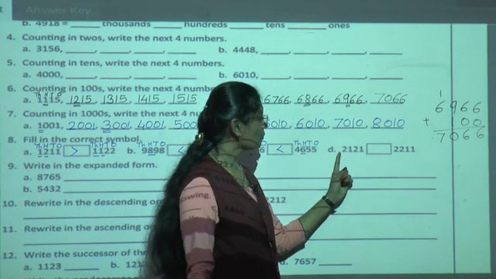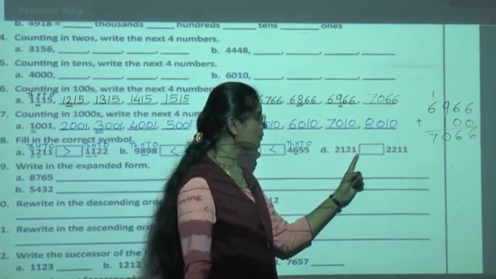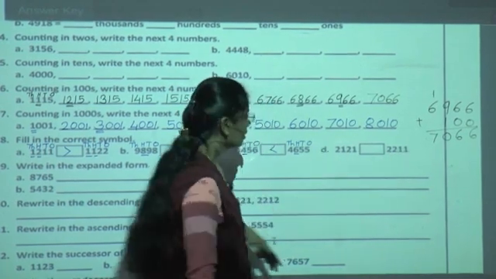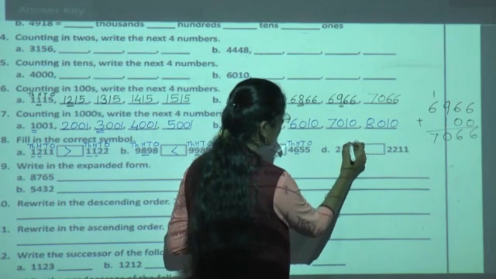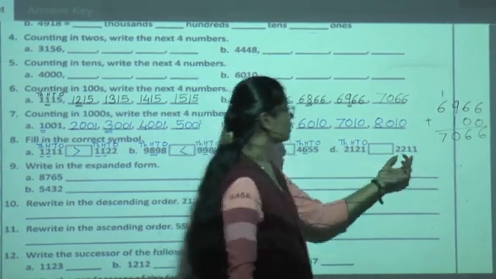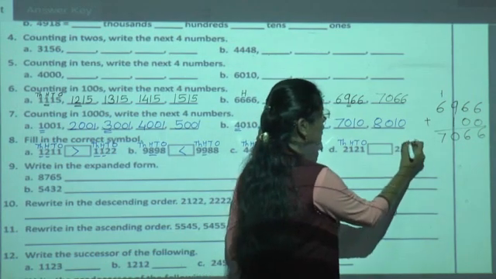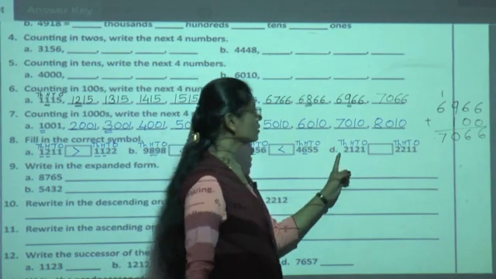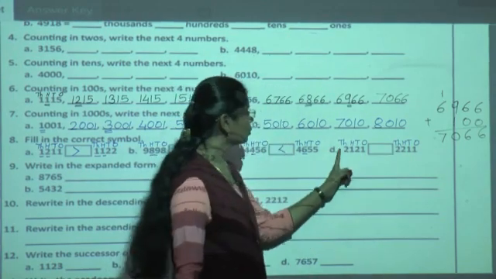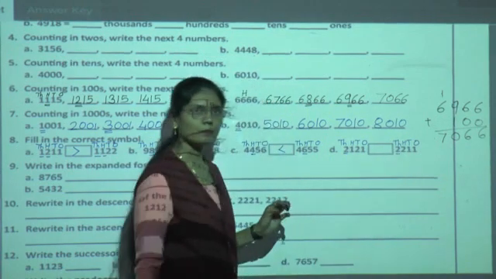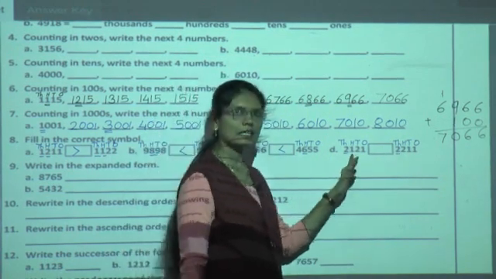Now see this last example. The number is 2121 and the other number is 2211. Now we will write O T H TH. Why? Because this is a 4-digit number. Here also we will write O T H and this is TH. Now see the thousands place digit 2, here also 2, means both the digits are the same. So we will move to the hundreds place digit.